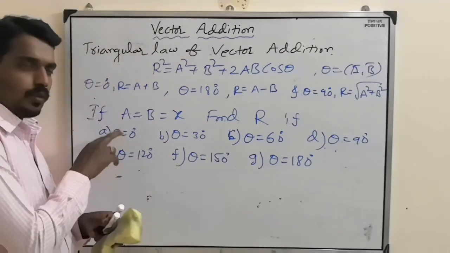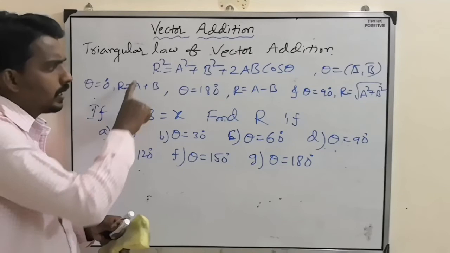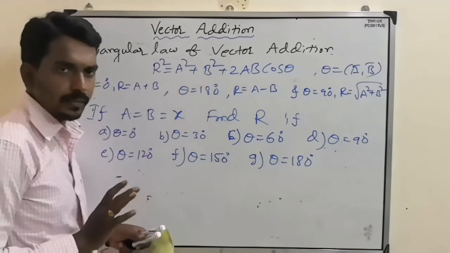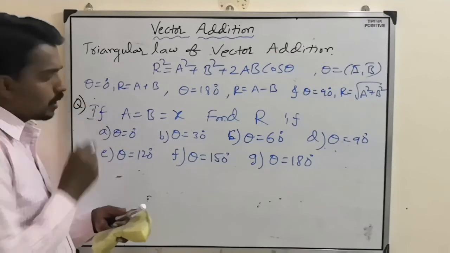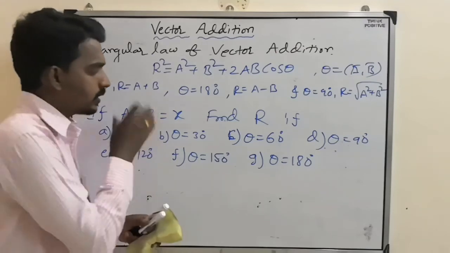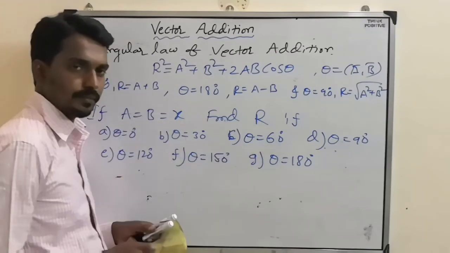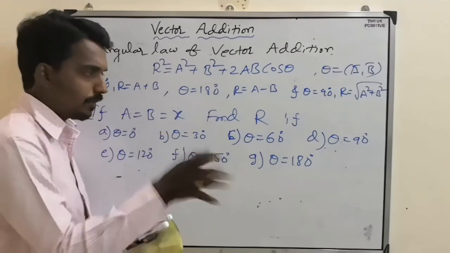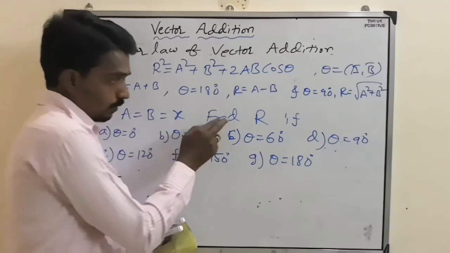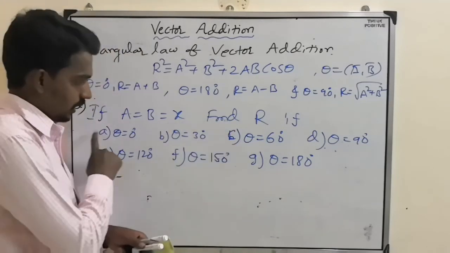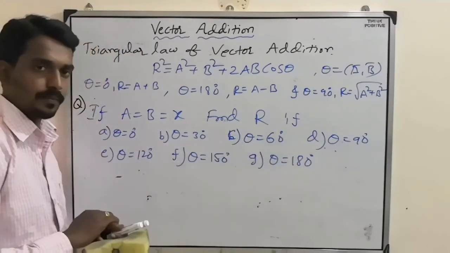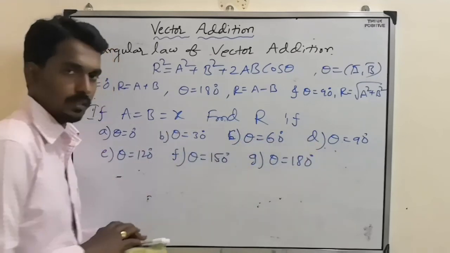So here I am specifying, A is not equal to B in the earlier case, but now the question is, if A equal to B, both vectors having the same magnitude like 10 10, 20 20, 5 5, anything, then find the magnitude of the resultant in all these cases for different angles.